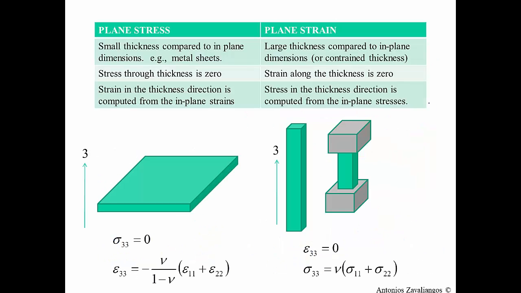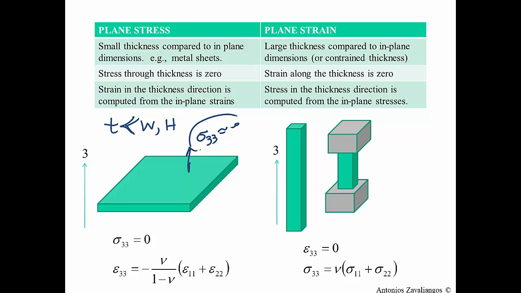So plane stress is the situation where typically the thickness of the material is very small. So thickness is essentially much smaller than any other dimension in the material. And in situations like this, the stress normal to the plane of the material is practically 0.